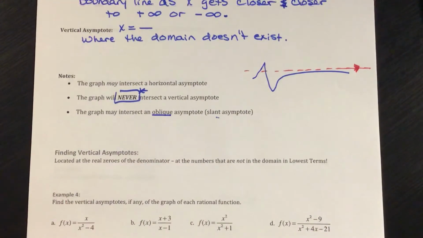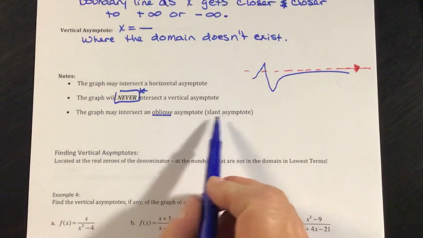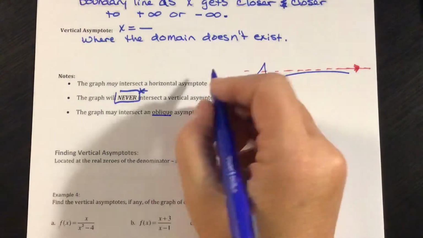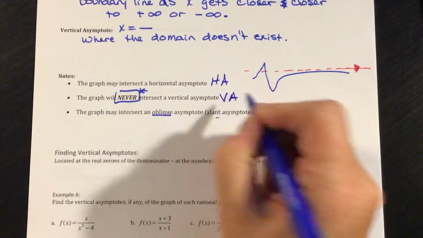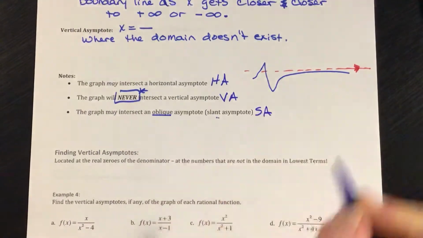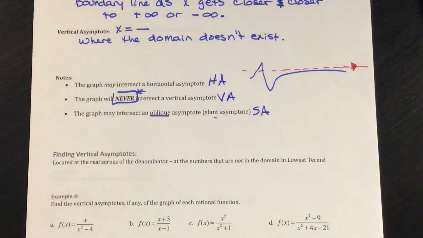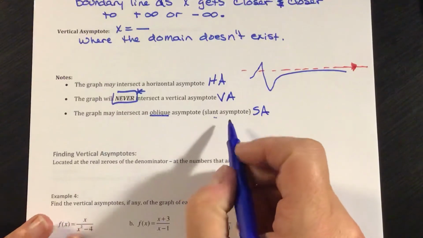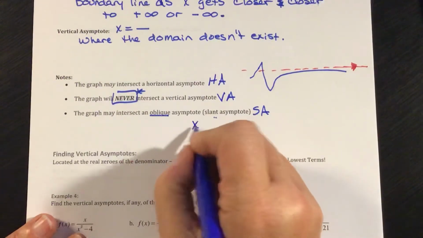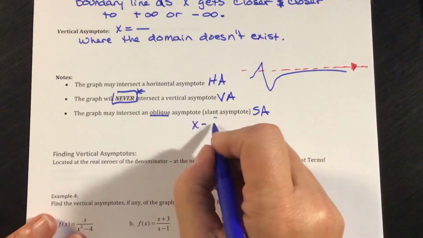That's kind of a technical math term. I will use the word slant asymptotes. So we have horizontal asymptotes, vertical asymptotes, and slant asymptotes. And that's kind of how I generally look at these. But slant asymptotes also looks at how x approaches large numbers.